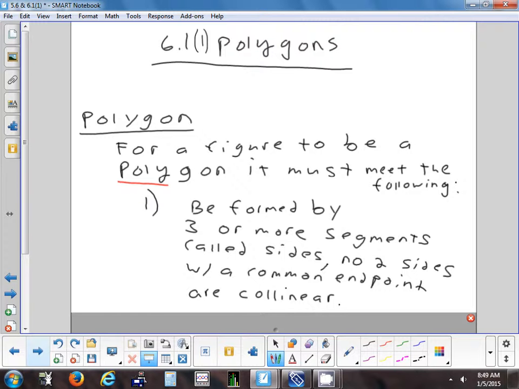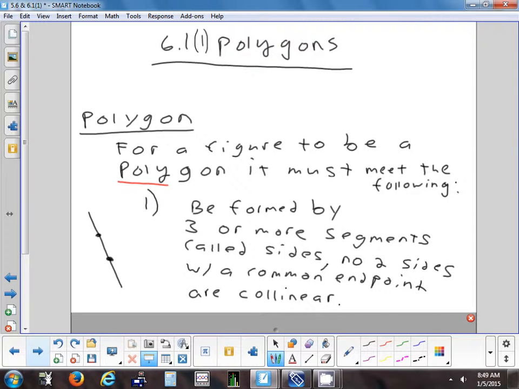What that would mean is, let's say you had 3 segments. You could do something like this. There's 3 or more segments. Those are sides. But that's not a polygon. Because now you've got a segment that has common endpoints, and they're collinear.